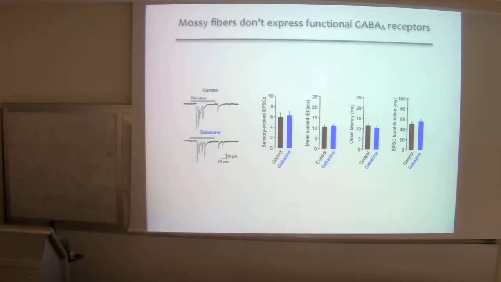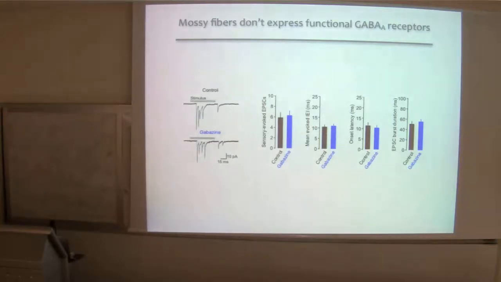But to check that, because it's such an electrically compact cell, we can switch into voltage clamp. We have really good voltage clamp for these cells. And then we can look at the mossy fiber input, so we're just using the granule cell as a receiver for what the mossy fiber is telling us. So here's the EPSC. When you give the sensory stimulus, you get this burst of mossy fiber input, on the order of about 5 or 6 EPSCs. Then we can apply gabazine and look at the release characteristics of the mossy fibers.